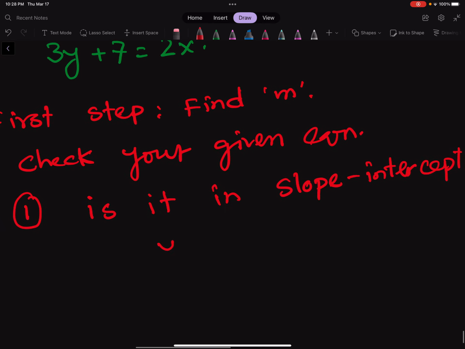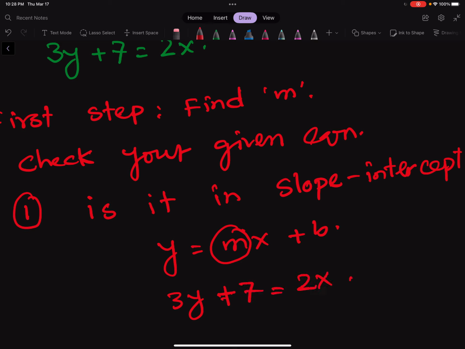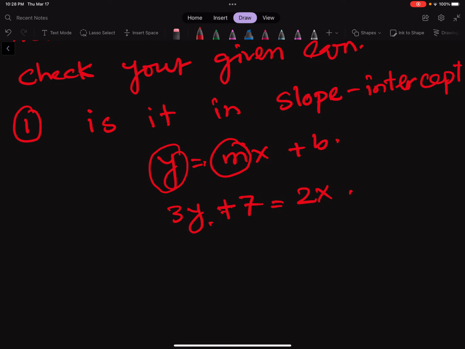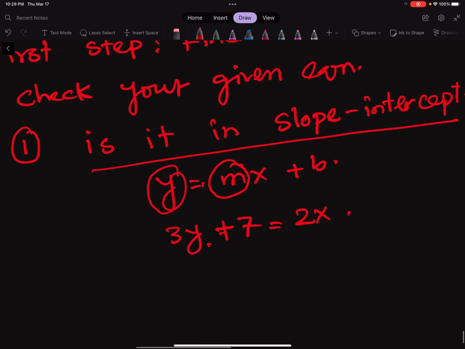A slope intercept form is y equals mx plus b, where m is your slope. So you see here it is 3y plus 7 equals 2x. Is it y equals? No. So you'll have to convert.